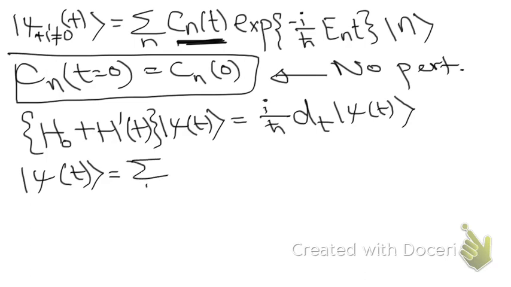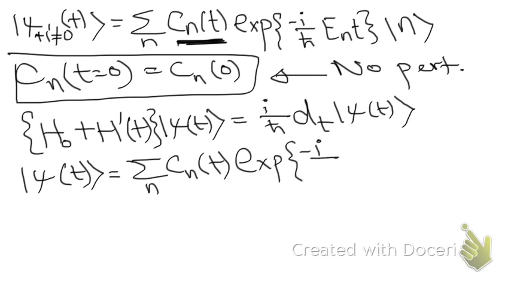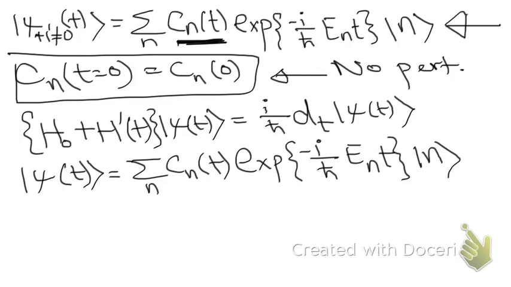is the summation over n of Cn of t times exponential of negative i over h bar En t, on state n. We just said that our psi of t, when there is perturbation, is this thing.